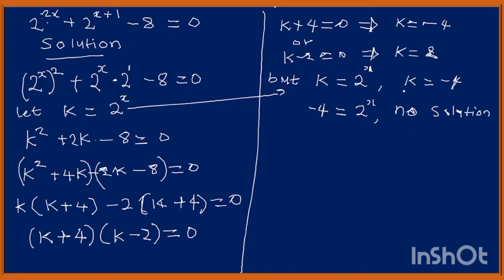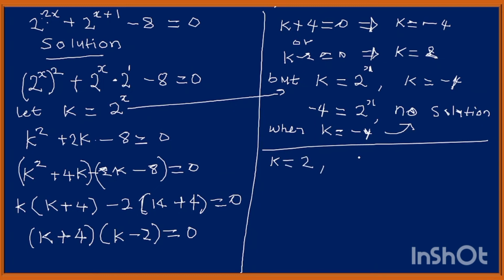What of when k = 2? We have 2 = 2^x. There is an invisible 1 here, so 2^1 = 2^x. Equate the powers, then x = 1. So the answer to this question is x = 1.